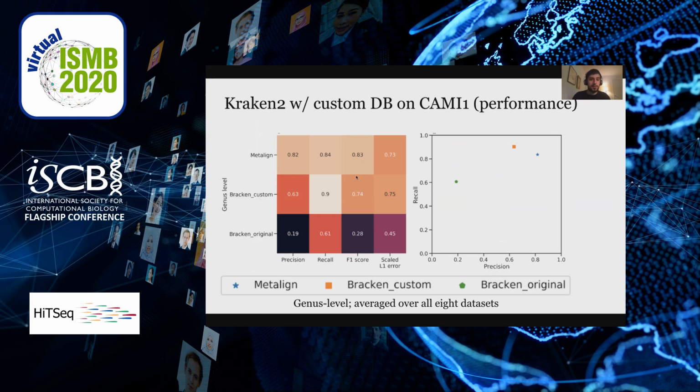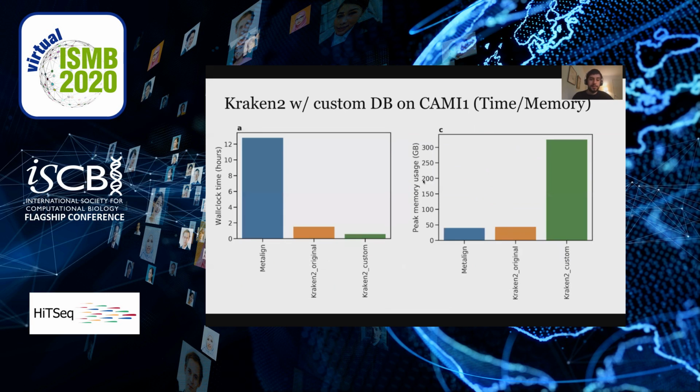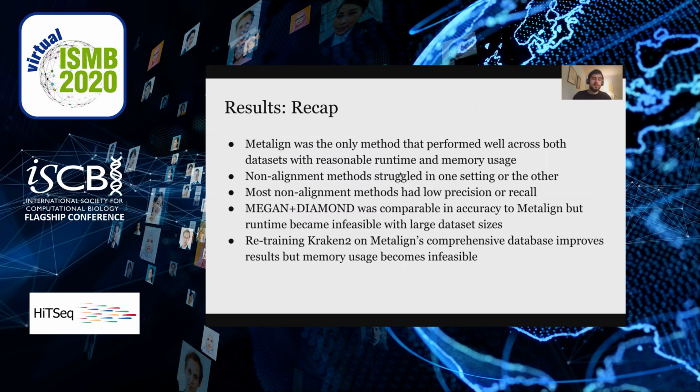However, it's still a little lower than Metalign in both of those metrics. It's still very fast, but the really big thing is that the memory usage shot up to 325 gigabytes because it has to store a big k-mer data structure in memory. So this becomes memory unfeasible for most users.